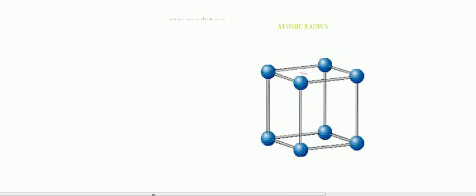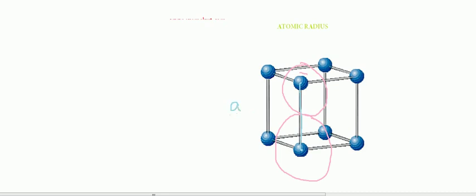So this atom is actually not this small, but it can be as big as this, and this atom can be as big as this. So this is an atom, this is an atom. What is the distance between these two atoms? You can easily see that the distance between these two atoms is a, since this is a cubic lattice.